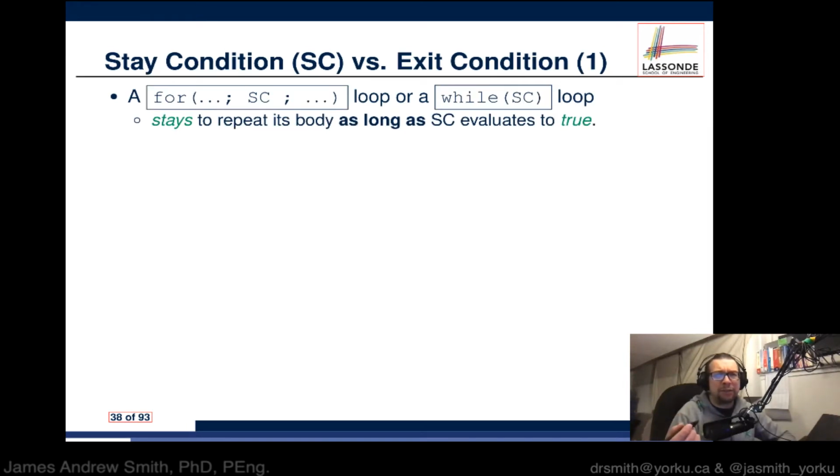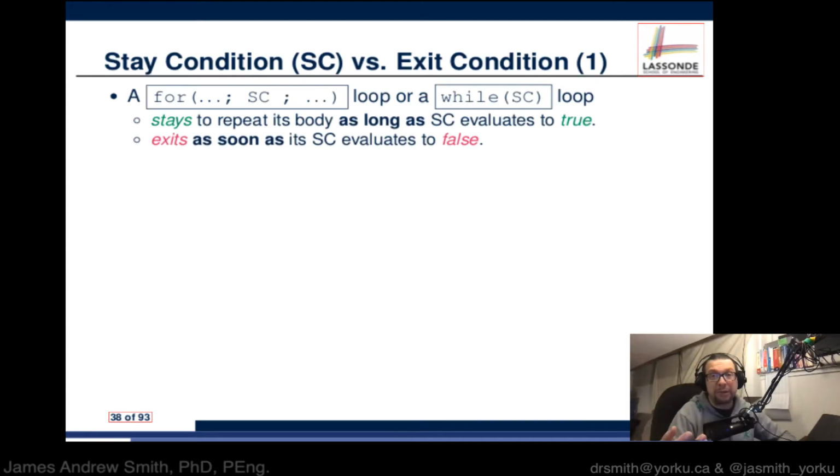All right, so if you achieve the stay condition, if it's true, then you repeat the body, and it will continue to repeat over and over again, as long as the output of the Boolean expression, whatever that is, remains true.